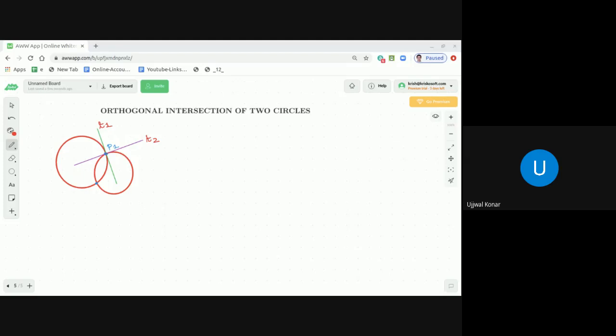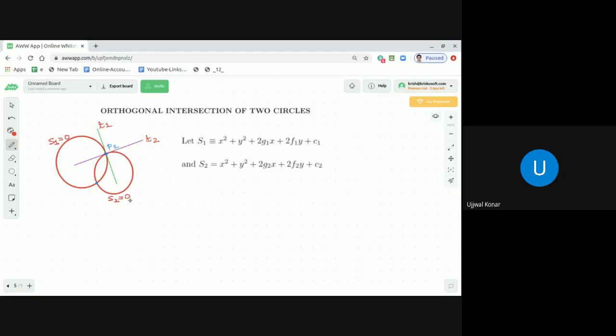Now, if we consider the equation of these two circles, how are we going to look into it? Suppose the equations of these two circles are S1 equal to 0 and S2 equal to 0, where this is S1 equal to 0 and this second circle is S2 equal to 0.